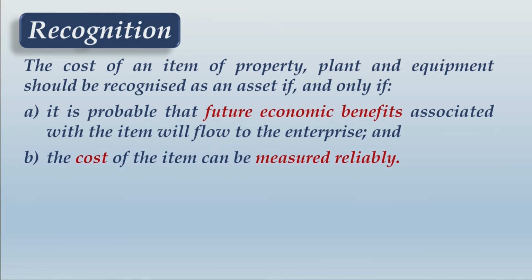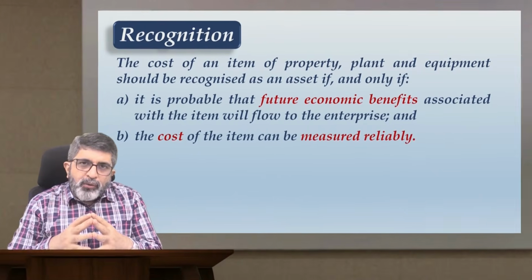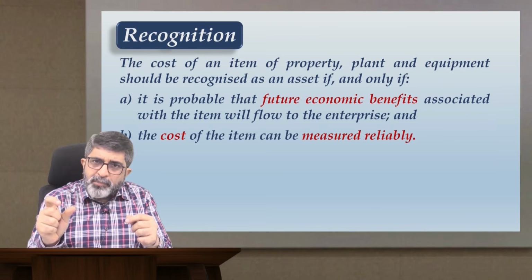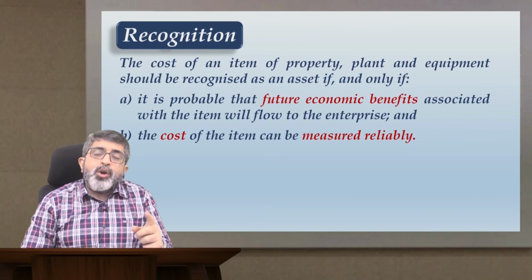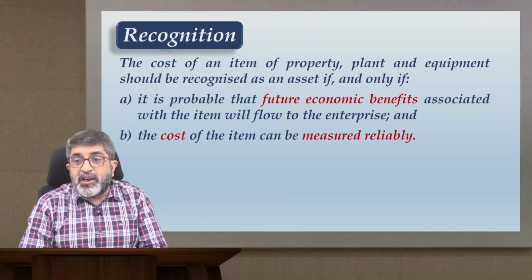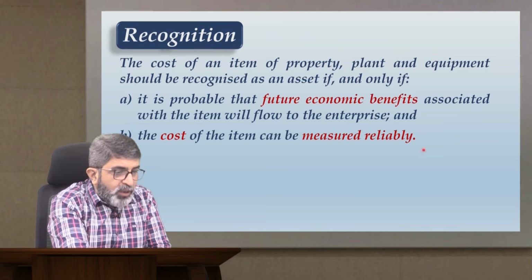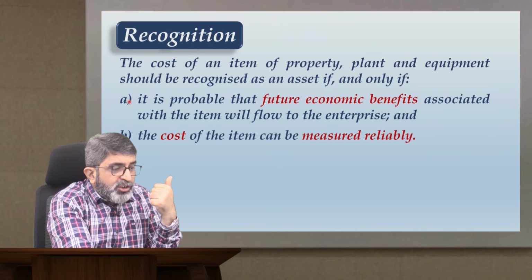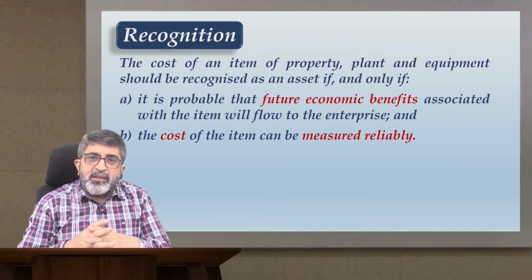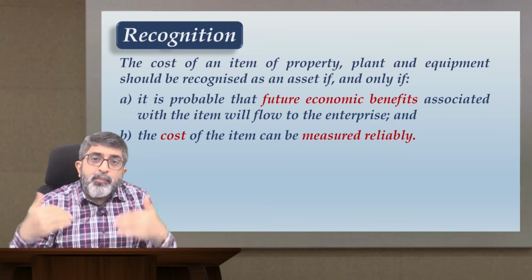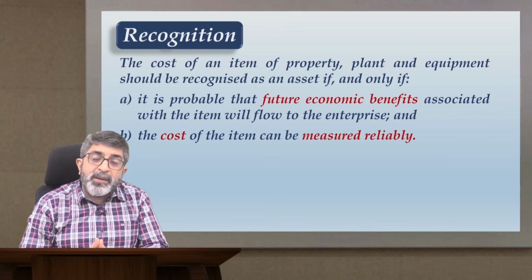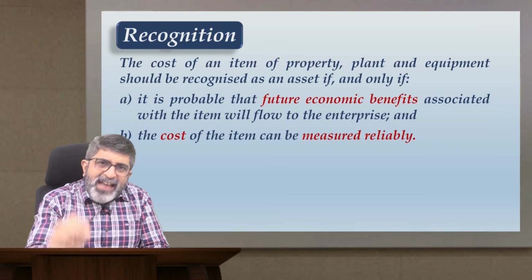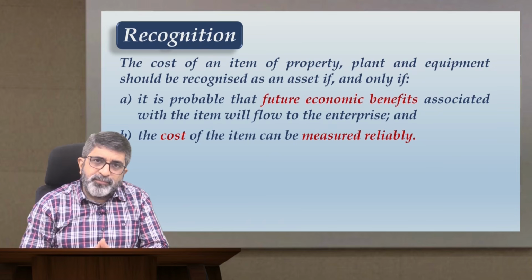So you need to understand one thing. What is to be recognized? The cost of an item of property, plant and equipment can be recognized as an asset only on fulfillment of both of these conditions. What is worth noting, if you can look at the screen, is the word 'and' mentioned between the two conditions A and B. The word 'and' indicates that both the conditions are supposed to be fulfilled before you recognize an item as an asset in your accounting records.